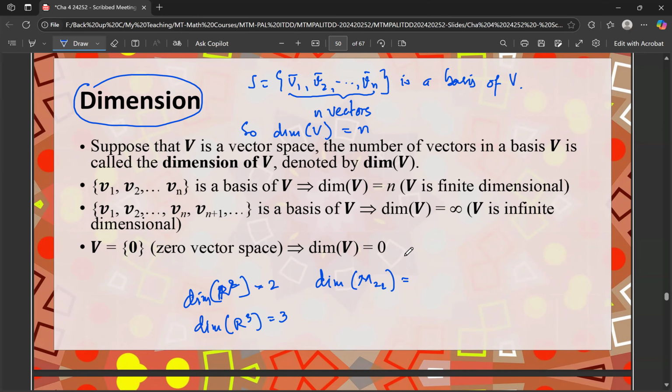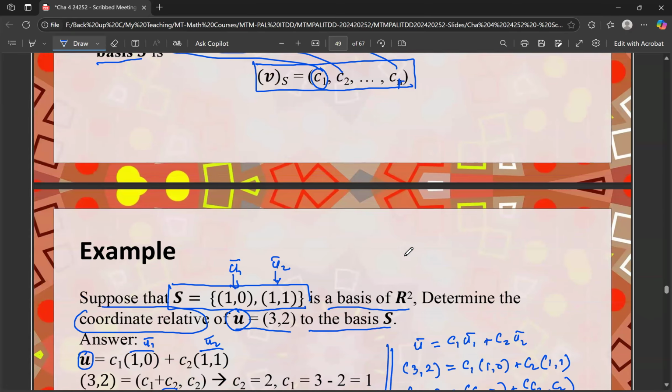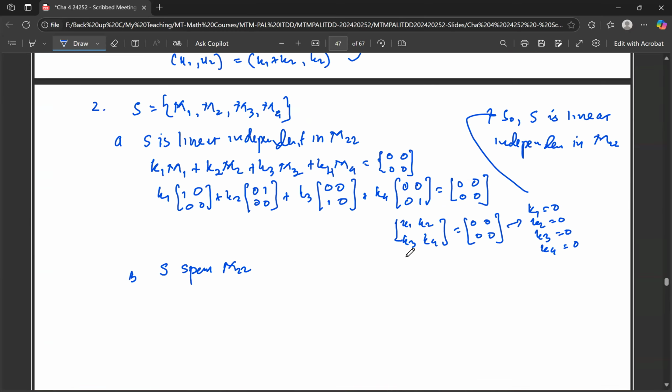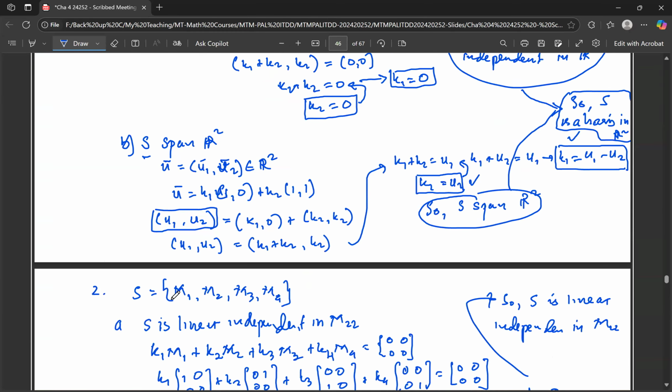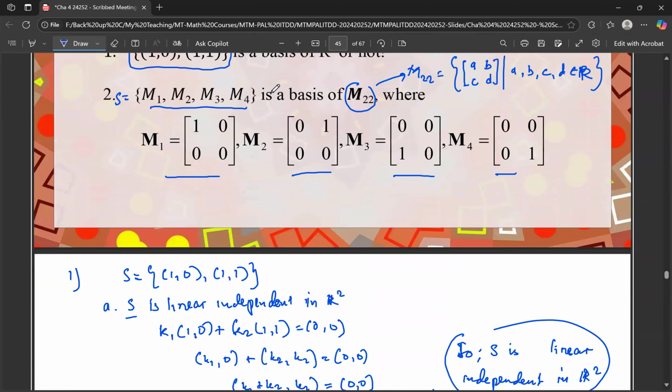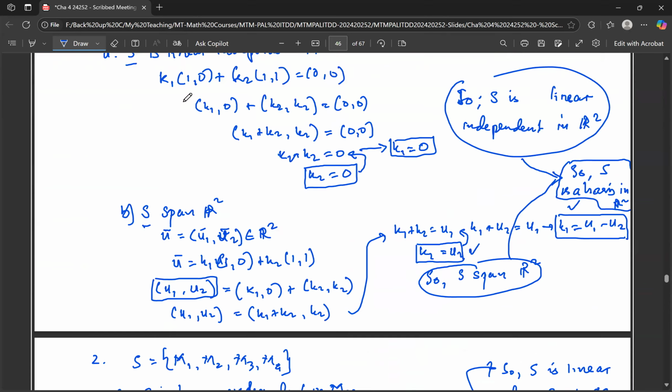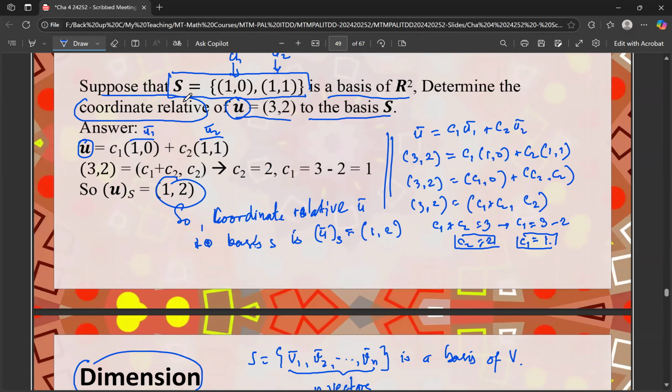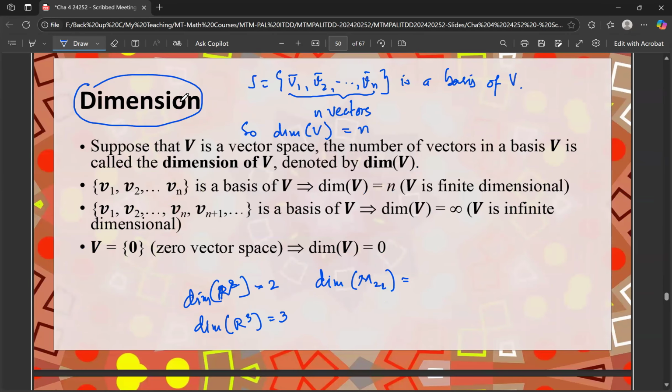We have 4, because we already saw this is a basis of M22, and there are 4 vectors in S. Then we say that the dimension of M22 is 4.